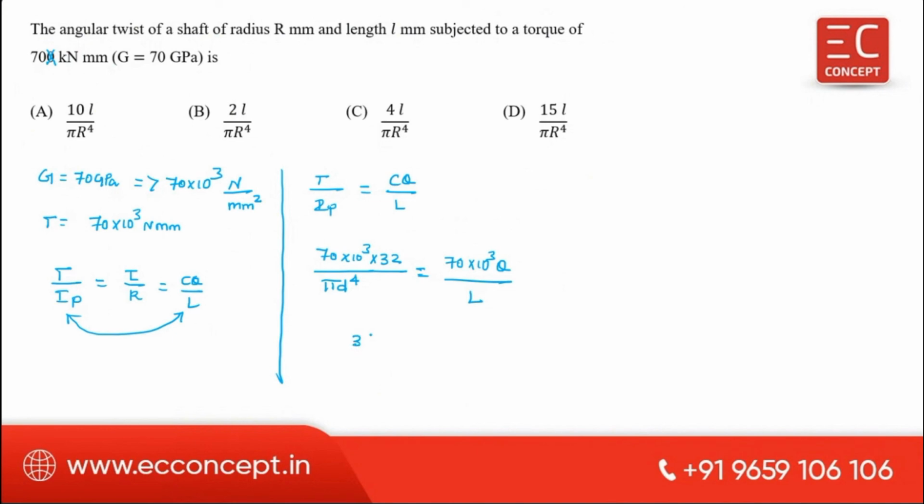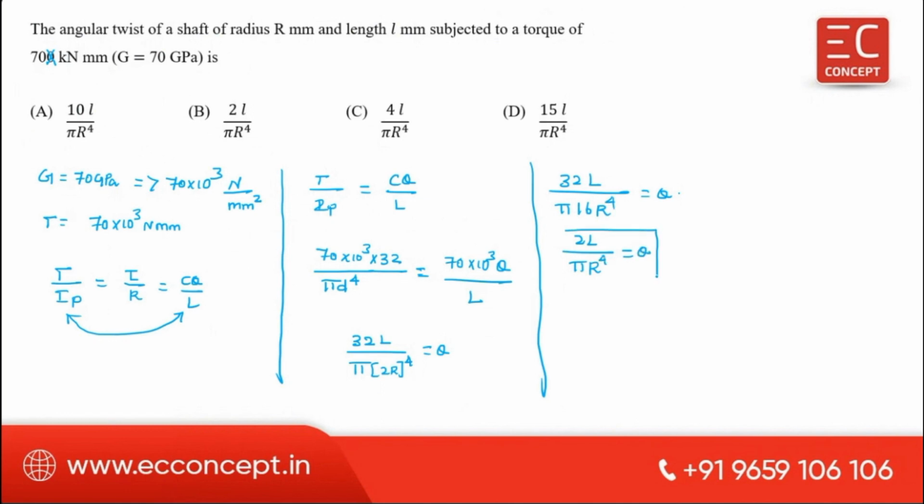If you simplify this, 32 L divided by pi into 2r the whole power 4 is equal to theta. 32 L divided by pi into 2 power 4, 16 r, is equal to theta. Therefore 2L divided by pi r, actually this is r power 4, pi r power 4 is equal to theta. Therefore, theta is equal to 2L divided by pi r power 4. Therefore, this is the answer.